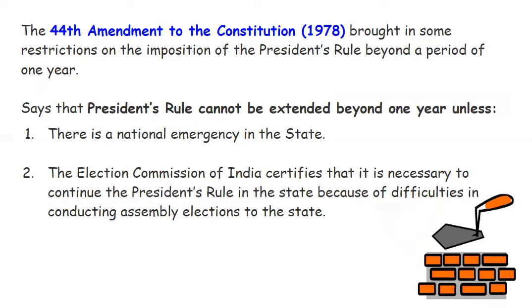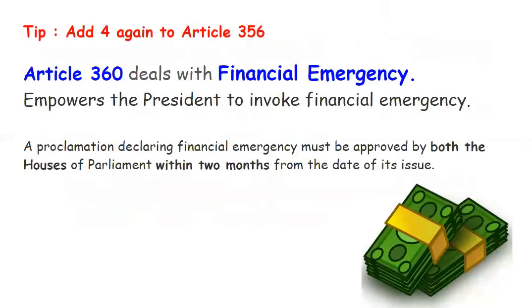For any reasons, if there is a difficulty in conducting the assembly elections in the state, the Election Commission of India can certify it, through which president's rule can be continued after 1 year, right?